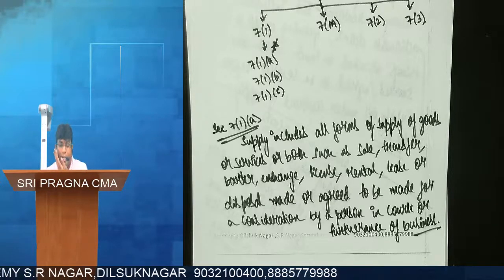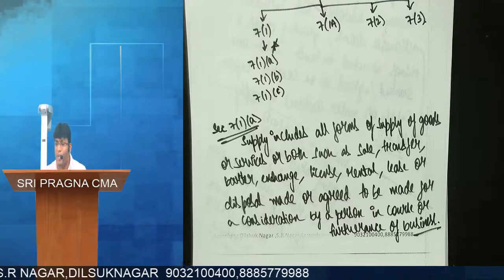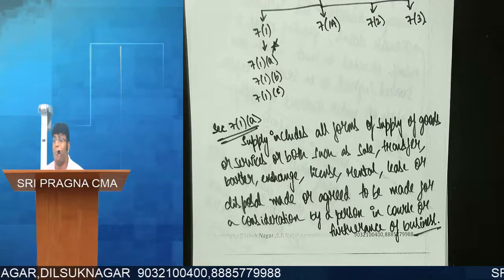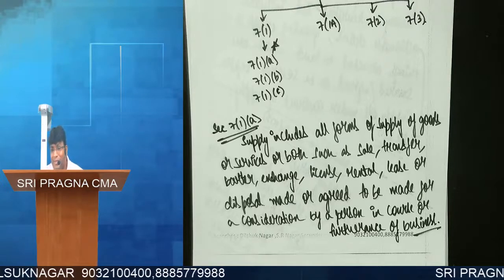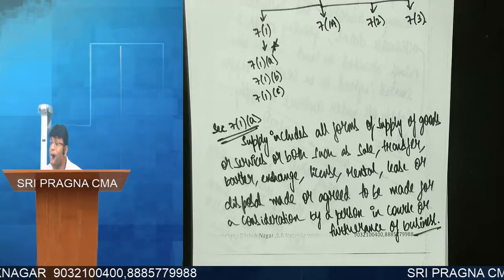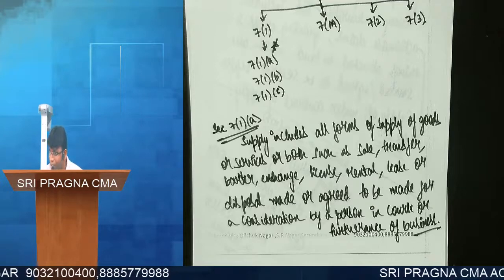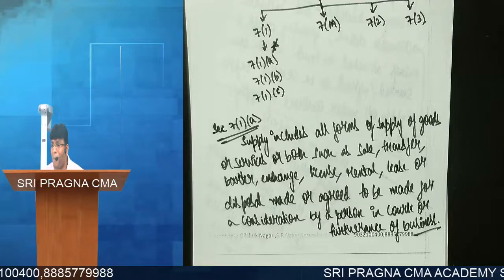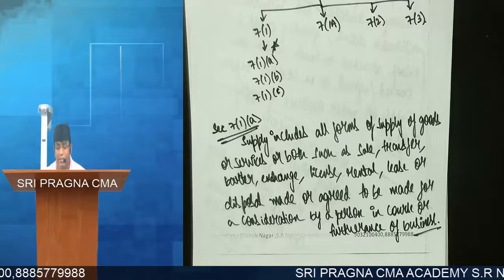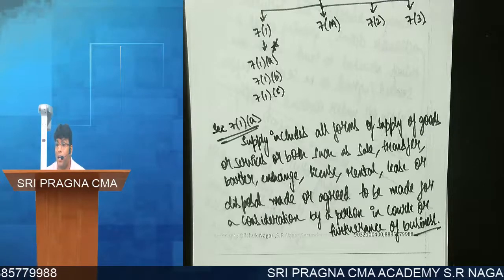But the technical definition is something different. Forbearance to act. A lot of big words are there in the consideration definition. Anything done or to be done. So many big words are there, but the general meaning is what? Something in return. Consideration, by a person.